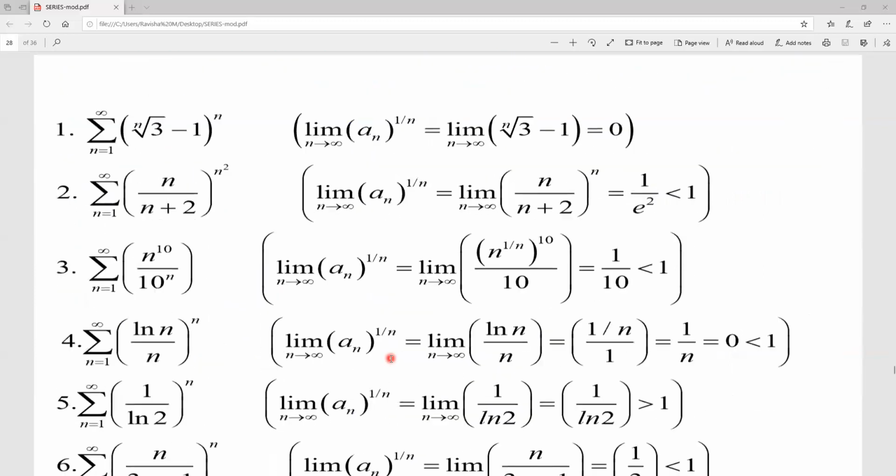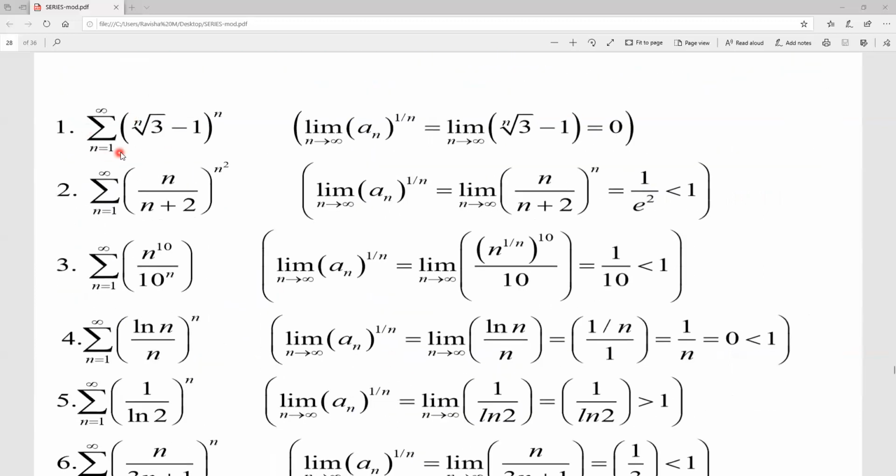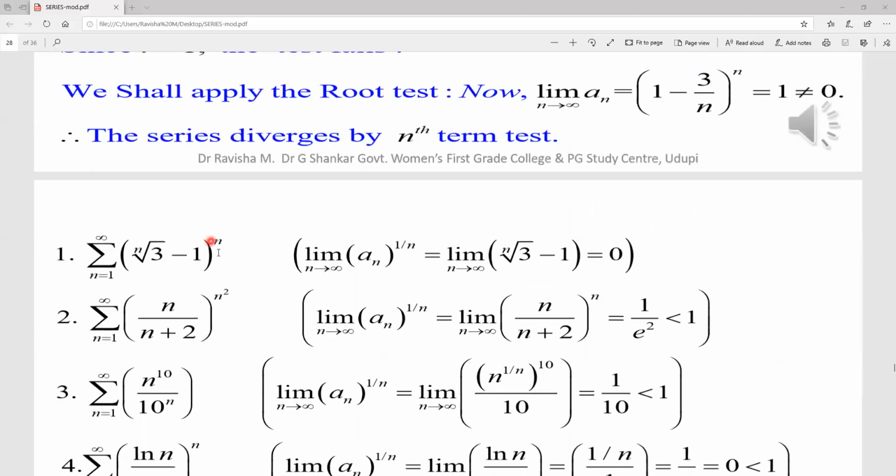Let us take some more examples. The sum from n equals 1 to infinity of (nth root of 3 minus 1) whole power n. Again, this series has the power n, so the root test is appropriate. I take the statement of a_n to the power 1 by n as n tends to infinity.